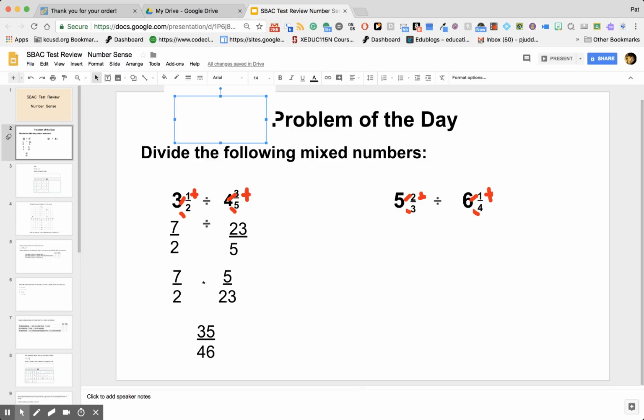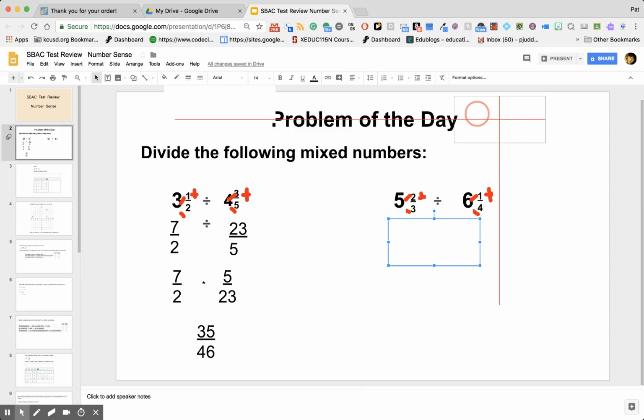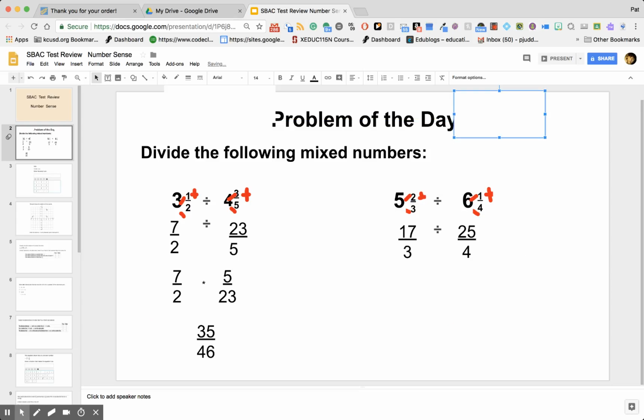Okay, so let's check and see how you did on your second one. Your 5 2/3 would be 17/3. 6 1/4 would be 25/4.